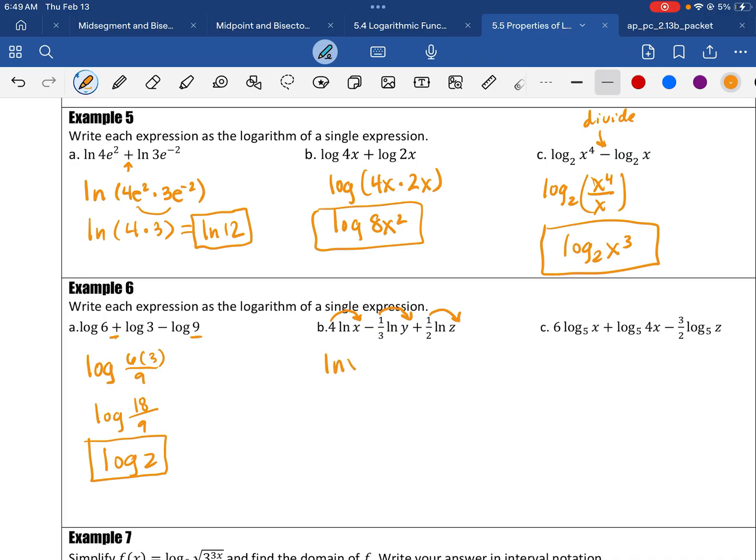So this will be ln of x to the 4th minus ln y to the 1/3 plus ln z to the 1/2. Now I can do each of those fractional powers as a radical.